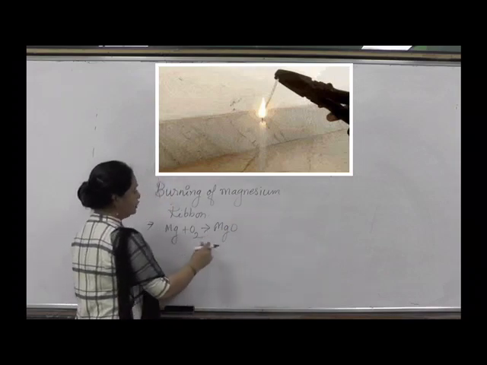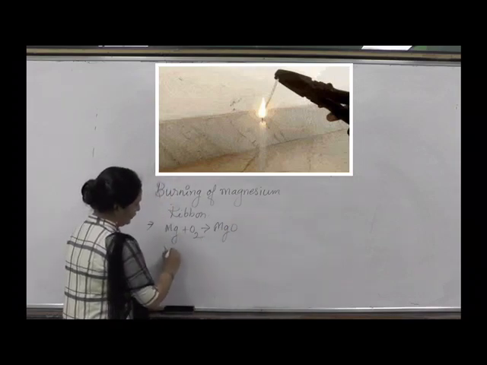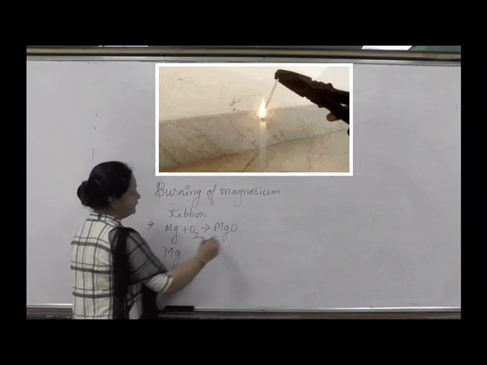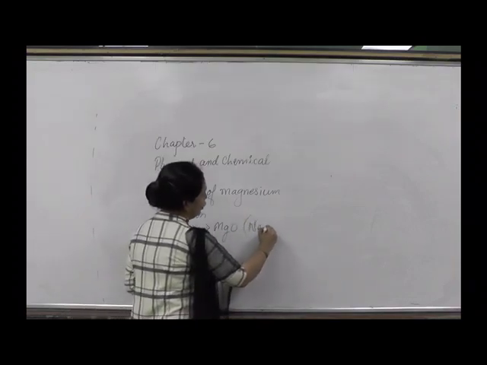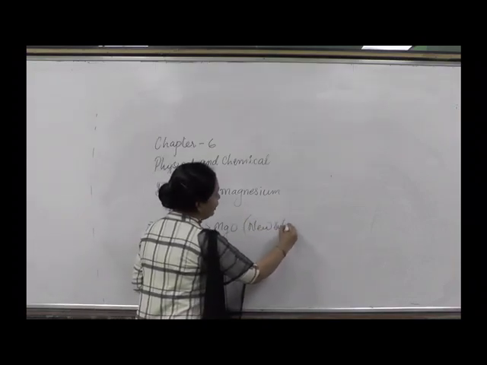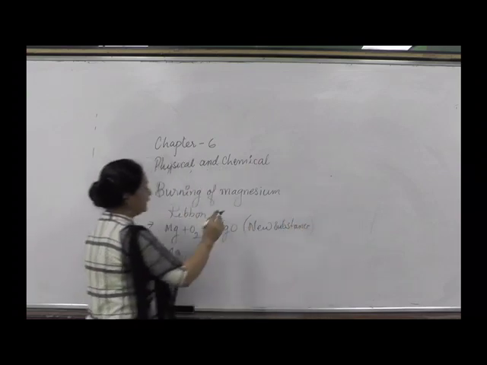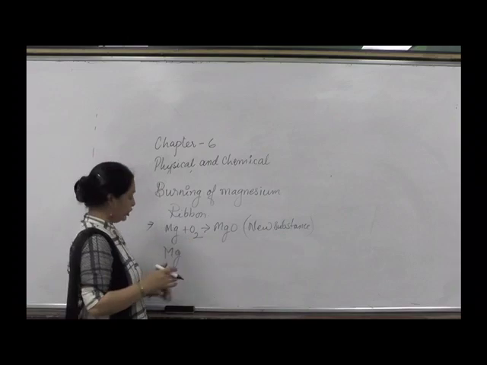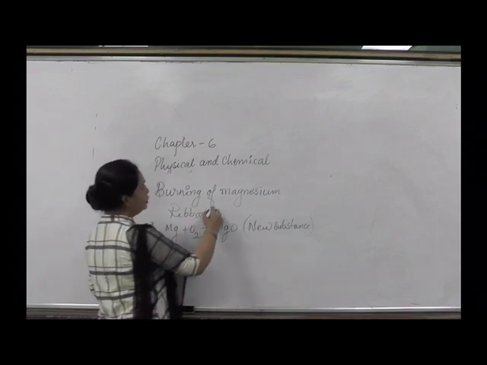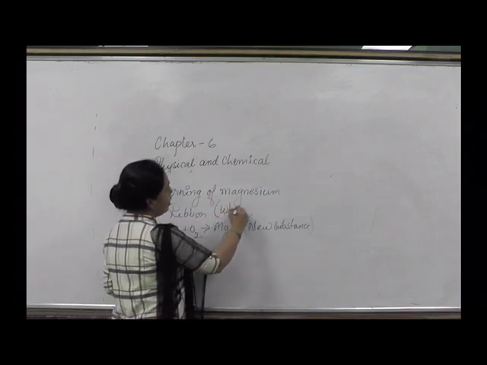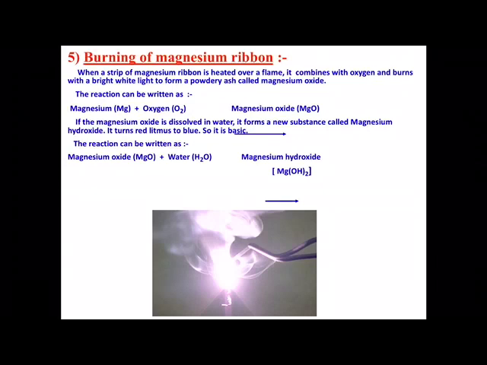Magnesium oxide is a new substance, which means it is a chemical change. And when magnesium ribbon burns, it gives out a white bright light, which again indicates that a chemical change has taken place.